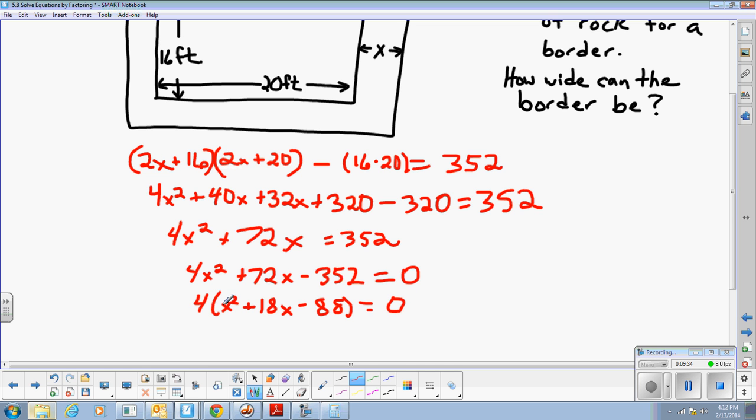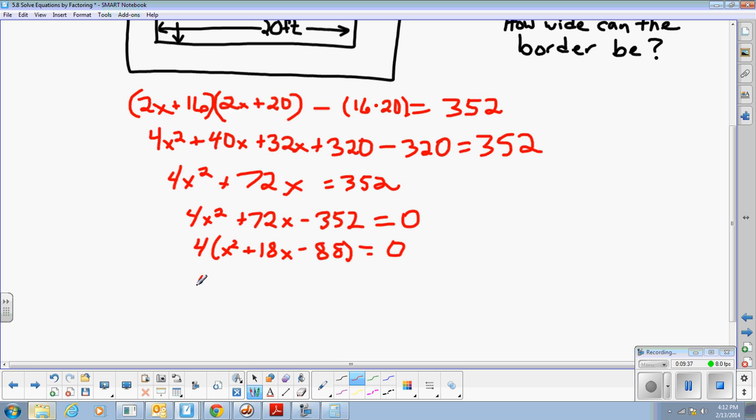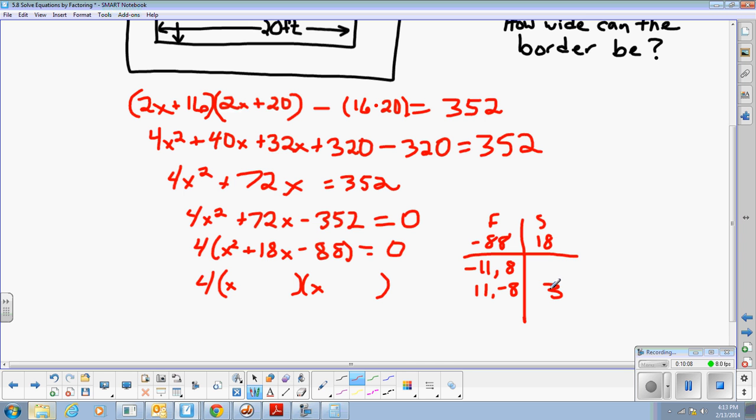Nice thing I've created here is I have no number in front of x squared, so that allows me to write it this way: 4 times two parentheses, and I've got an x here and an x here, and now I need the factors of negative 88 that give me a sum of 18. I know a lot of us right away want to think of a negative 11 and a positive 8, or a positive 11 and a negative 8, but we only get an answer of 3 here, and this is negative 3.